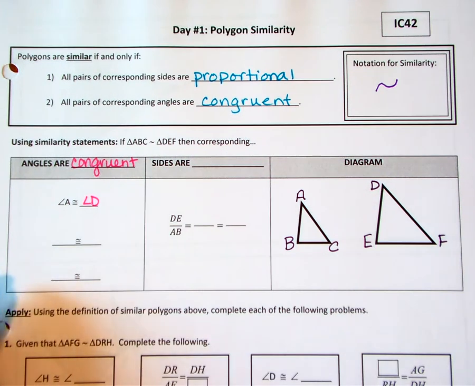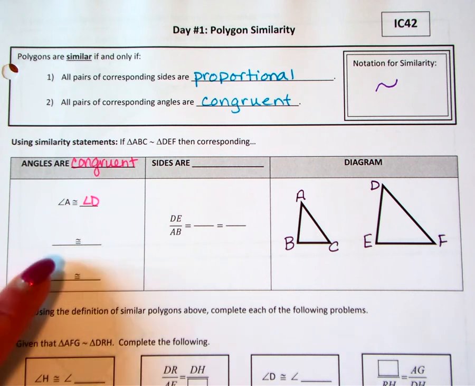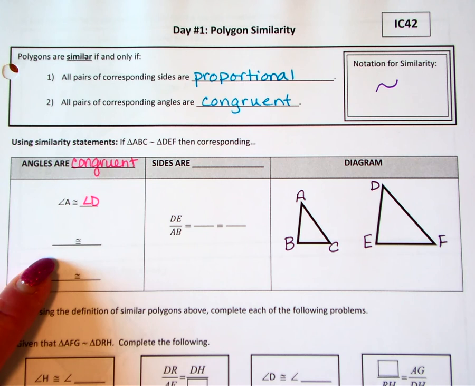Okay, so if angle A is congruent to angle D, what's another angle that we know is congruent?